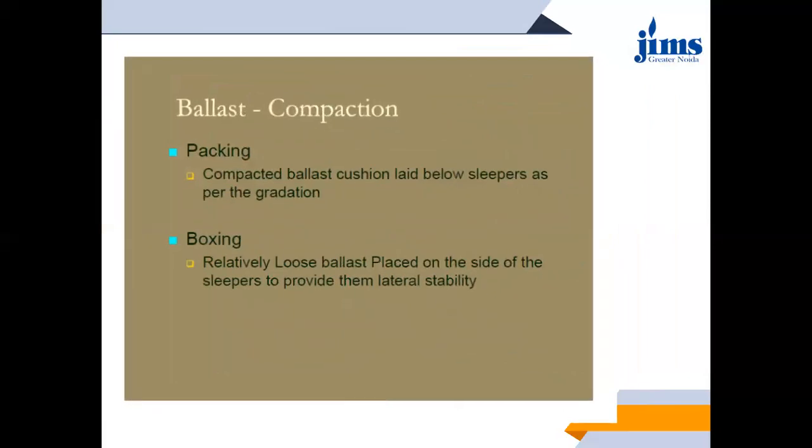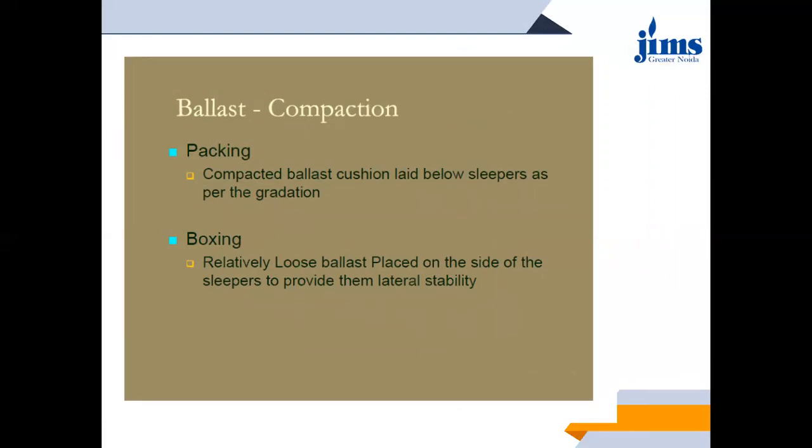Okay. Now, when we talk about ballast compaction, there are certain terminologies which are very important and you should know. The very first one is packing. Packing is basically compacted ballast cushion which is laid below the sleeper as per the gradation. This also depends upon the type of gauge which we are using. Then the term known as boxing.